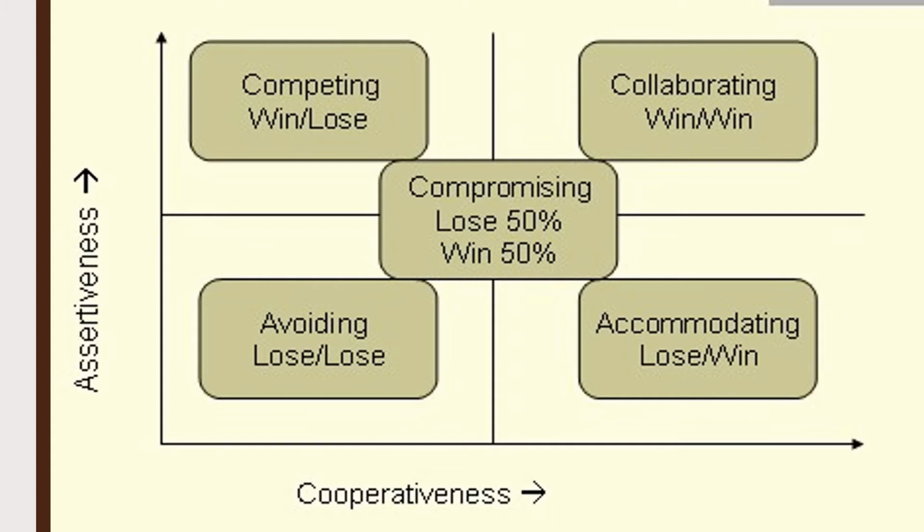In the middle, you'll see compromising. It's 50-50. You're not really winning. You're not really losing. You're just kind of getting what you can. But the collaborating, this is where you are assertive, not aggressive, but assertive. This is my belief.